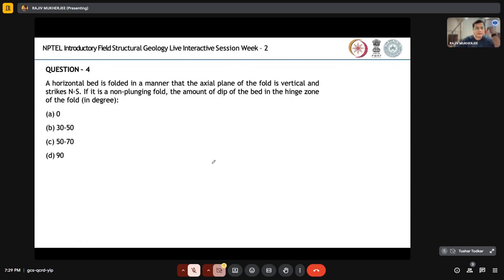So question 4 says a horizontal bed is folded in a manner that the axial plane of the fold is vertical and strikes north south. If it is a non-plunging fold, the amount of dip of the bed in the hinge zone of the fold is, and there are four options given: 0 degrees, 30 to 50 degrees, 50 to 70 degrees, and 90 degrees.